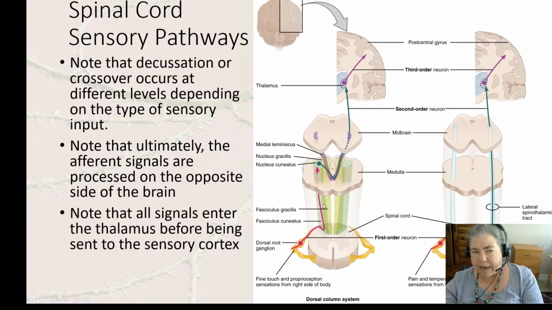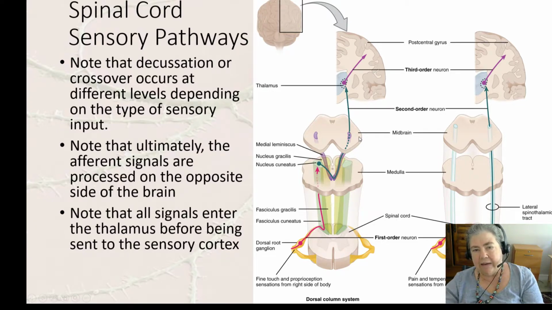So the pain and temperature sensations go through the lateral spinothalamic tract on the opposite side, and fine touch and proprioception go through the fasciculus gracilis and fasciculus cuneatus on the ipsilateral side, crossing over or decussating at the brainstem.